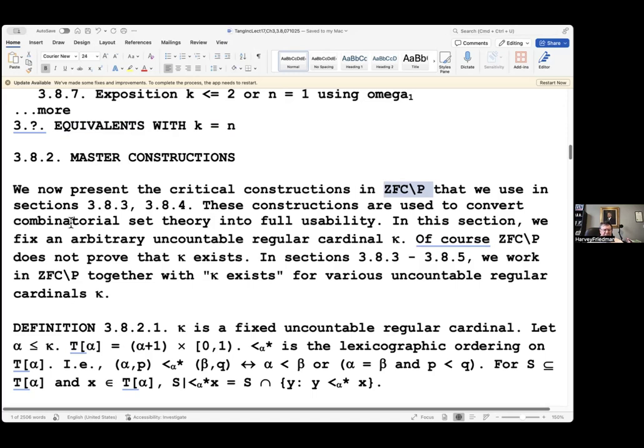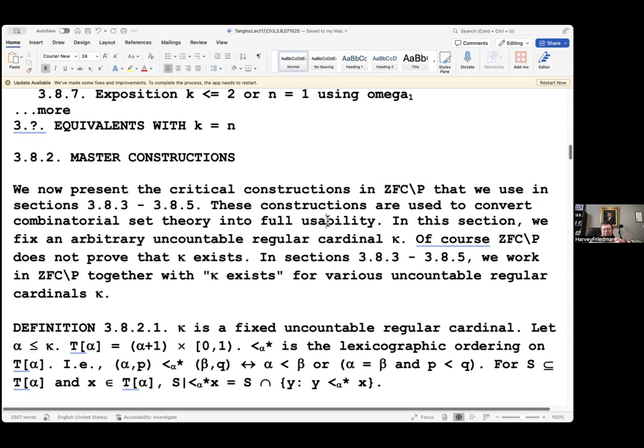And we're going to use these master constructions, I think, in here at least. In other words, next week also. Now, these constructions are used to convert combinatorial set theory into full usability results.